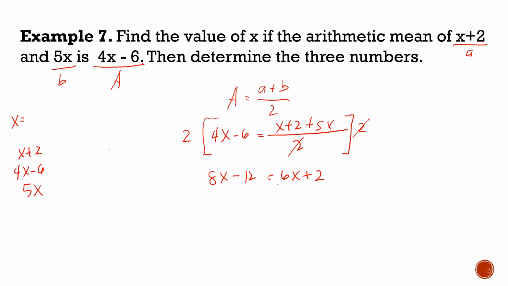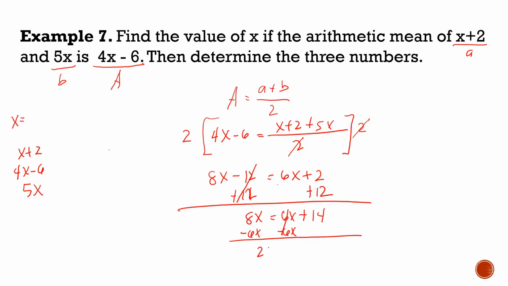We keep the 2. And then add 12 on both sides. Okay, so that will give us 8x equals 6x plus 14. And then subtract 6x on both sides. This will be 2x equals 14. Then divided by 2, divided by 2. Our x is equal to positive 7.